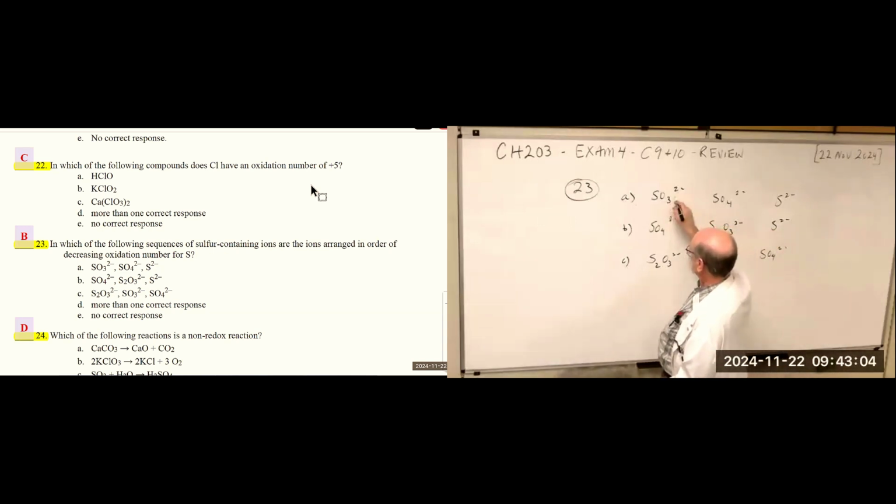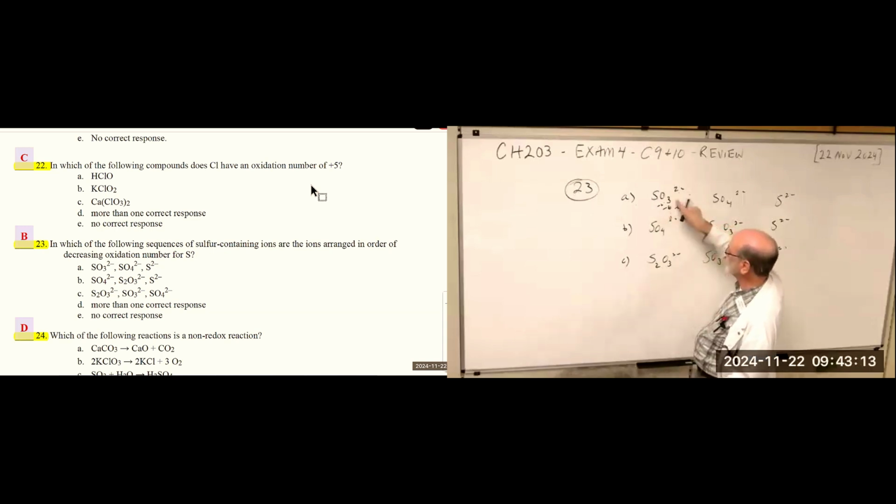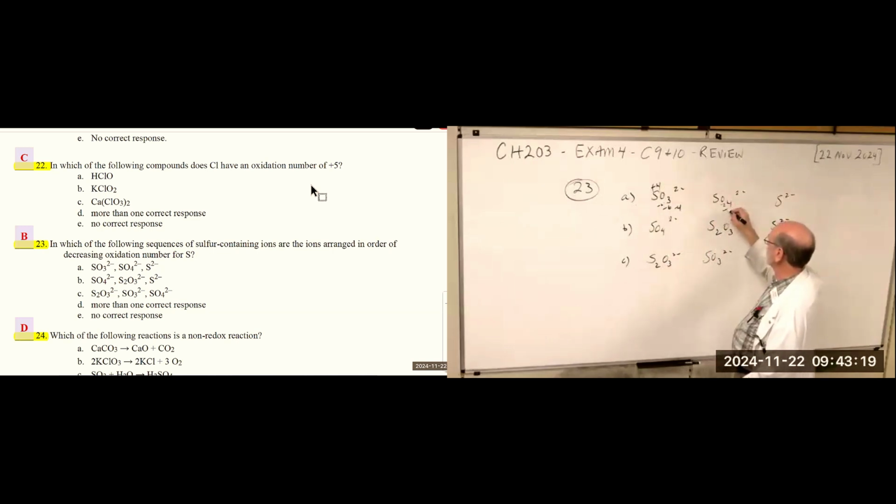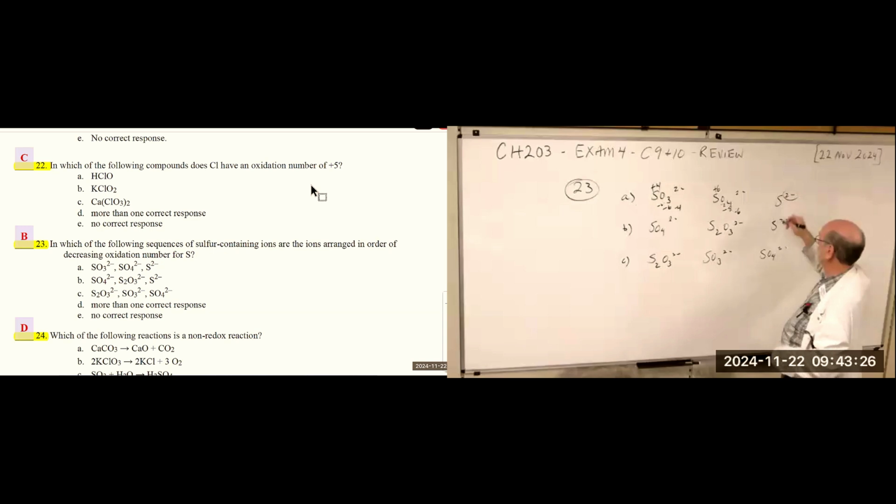First one. If this is a -2, then it's a -6, and we only have to balance -4 because we need to keep 2 of these out for that charge. So this is a +4. If this is -2, -8, keep 2 of those out, -6, this is +6. And this is a 2 minus.